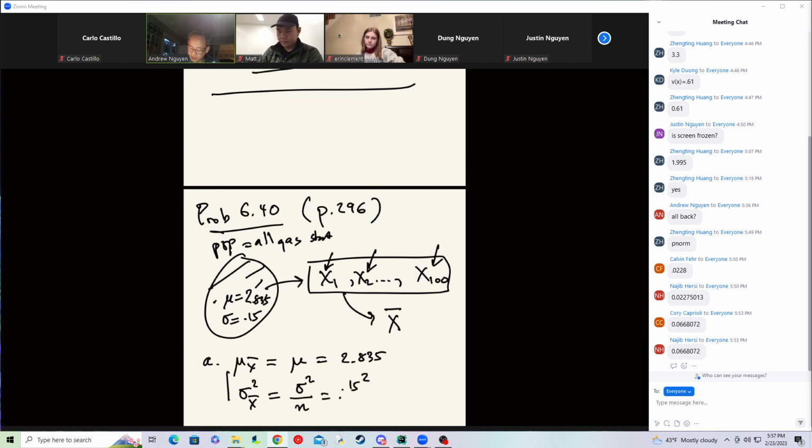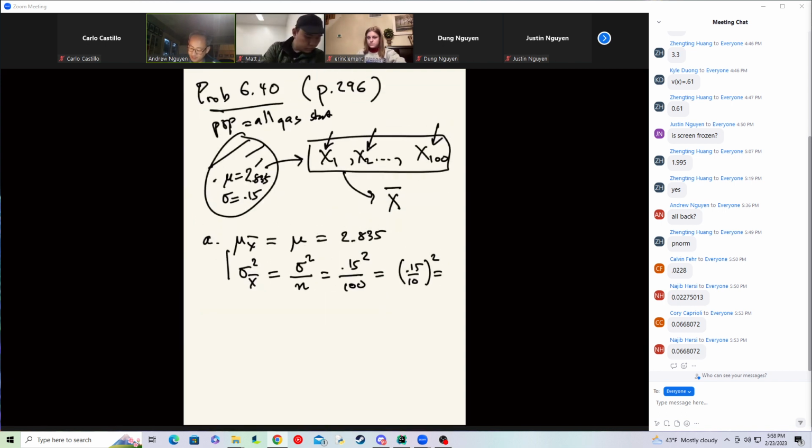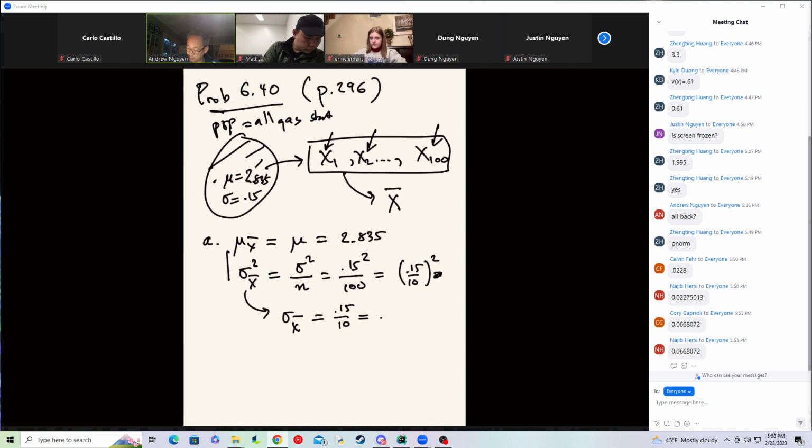So 0.15 squared divided by 100. So that's 0.15 divided by 10, squared. So that's telling me that the standard deviation is 0.15 divided by 10. You take the square root of that, which is 0.015.